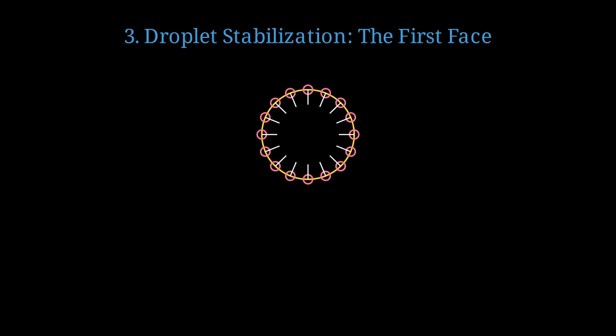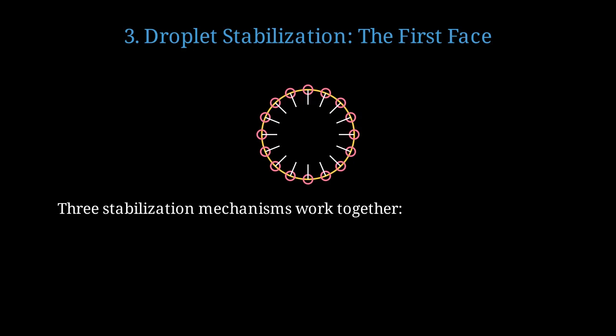Now let's see how surfactants stabilize droplets at low concentrations. When surfactants coat an oil droplet in water, they create a protective layer. The heads face outward into the water, the tails face inward into the oil. This arrangement stabilizes droplets through three powerful mechanisms working in harmony. First, the reduced interfacial tension means less energy is needed to maintain the droplet surface area.